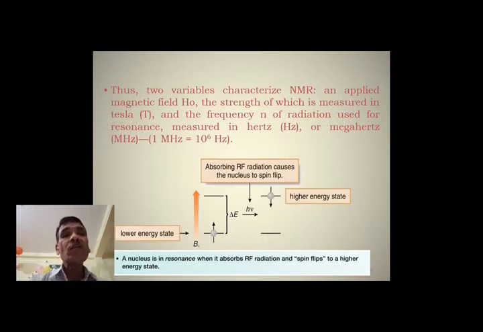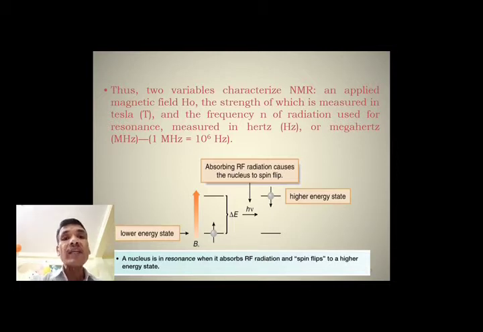The other is the frequency nu of radiation used for resonance, measured in hertz or megahertz. Usually 1 megahertz is equal to 10 raised to 6 hertz. A nucleus is in resonance when it absorbs radio frequency radiation and spin flips to a higher energy state.